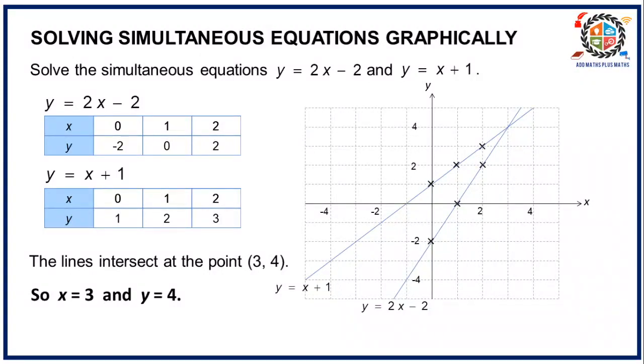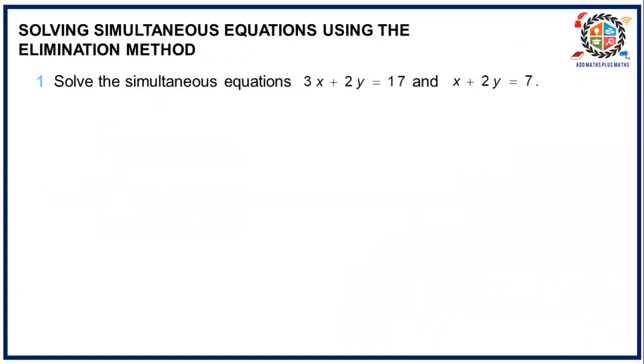Next, how about solving simultaneous equations using the elimination method? Let's try this one, and I'll show you how to do the elimination method. I have here 3x plus 2y is equal to 17 and x plus 2y is equal to 7.